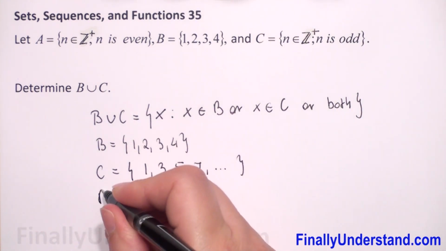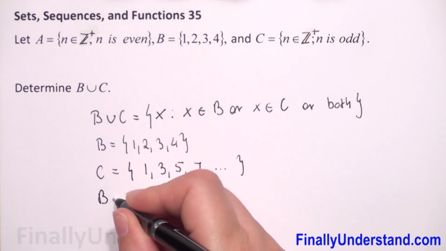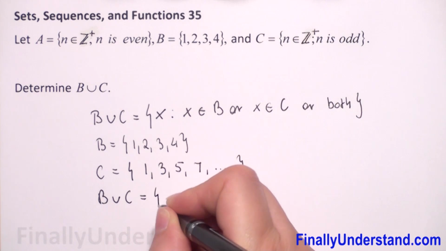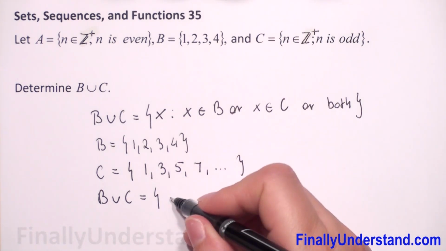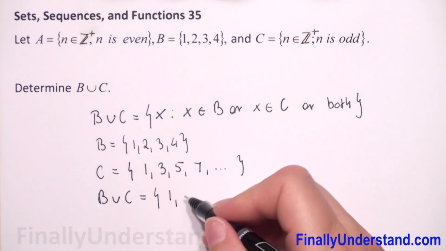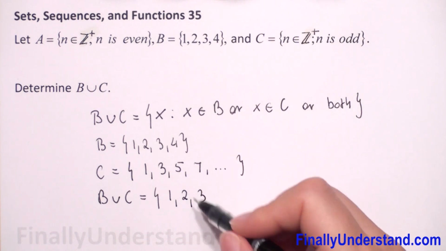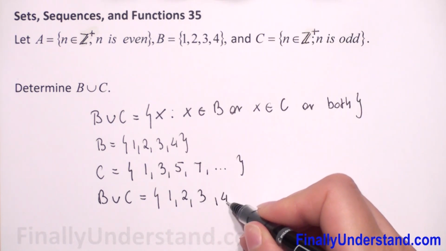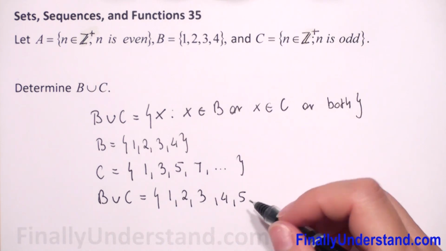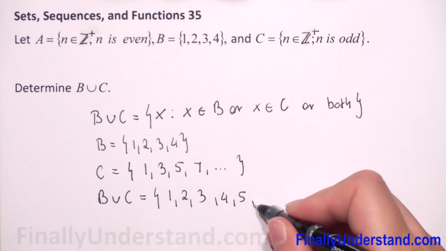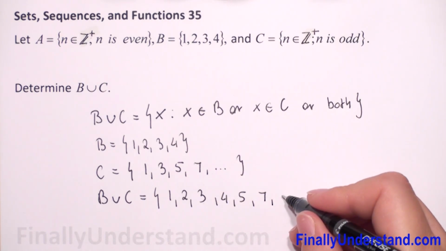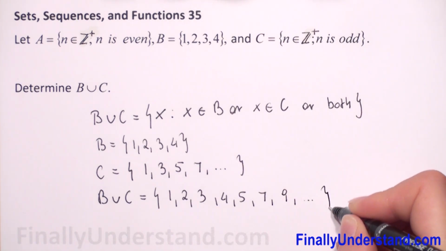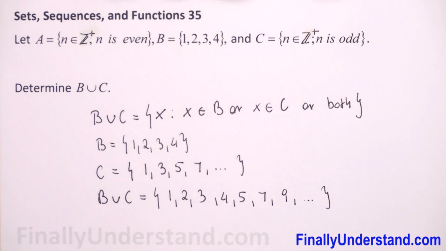So the union of B and C is: we have 1, next is 2, 3, we just put one time, and next 4, 5, and next we have 7, will be 9, and so on. So this is my solution.